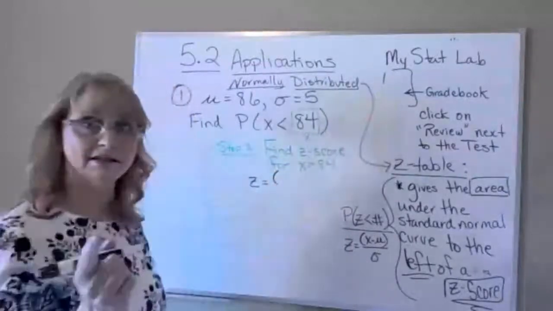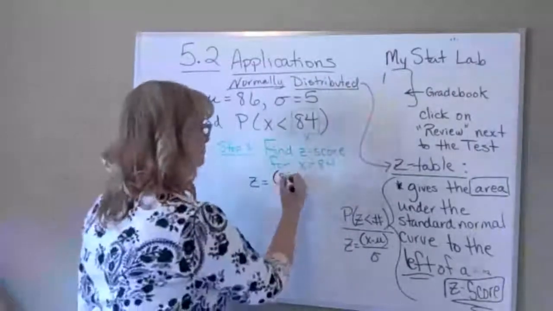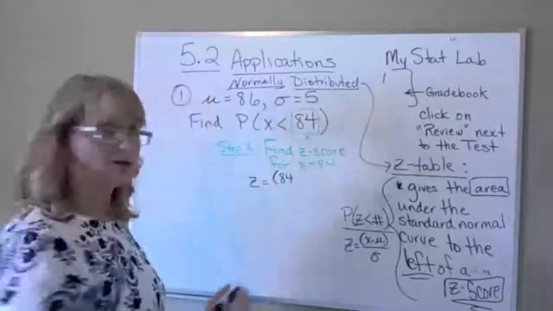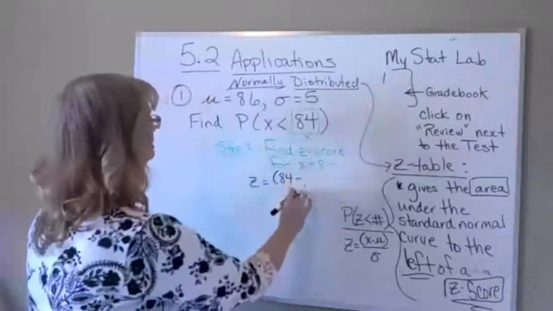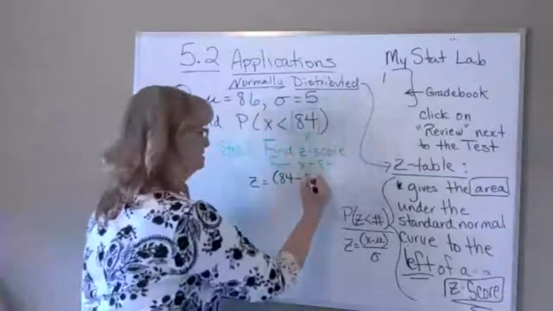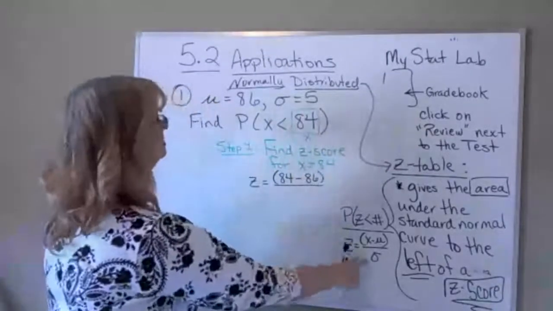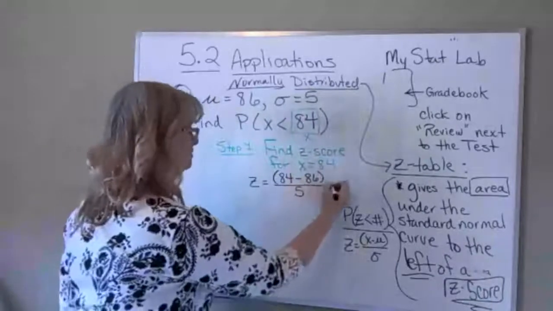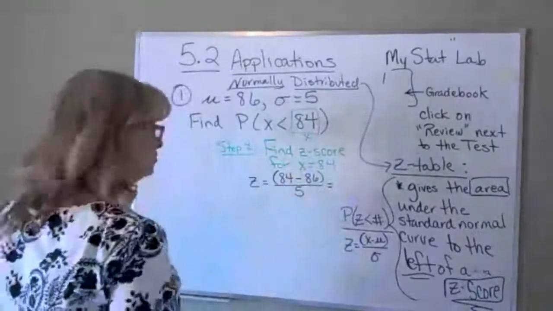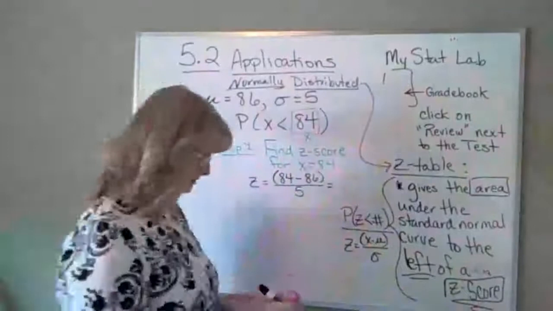So parentheses, 84, the data value always goes first, minus the mean. The mean was up here, it is 86, divided by the standard deviation, which is 5. And we're going to round that Z-score to 2 places.